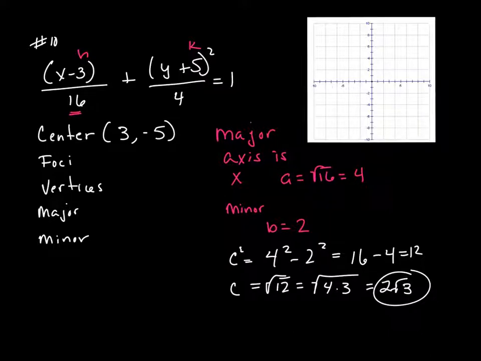All right, so let's go back and talk about what I mean by the major axis being the x-axis. That means that the longest side of the ellipse will be in the horizontal direction. Now, because it's in a horizontal direction, all the y values stay the same.